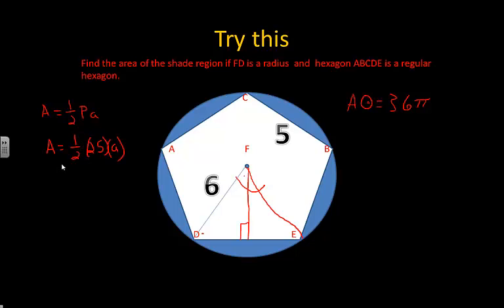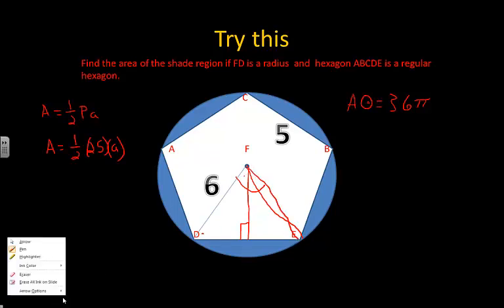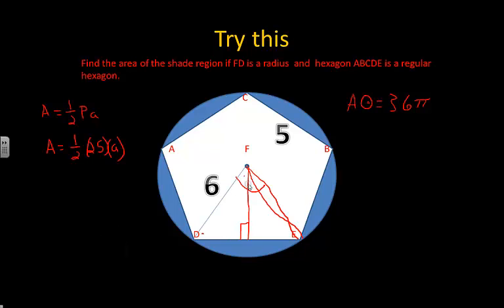Once we have the perimeter, we need to find the apothem, and again, we're going to split these up. Let me get the eraser and make this a little bit better. Okay, so we're going to split all these angles up and try to find what each of these angles are, because that will help us.